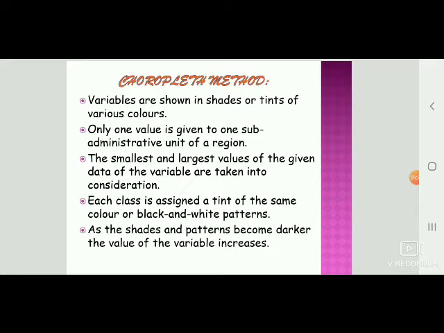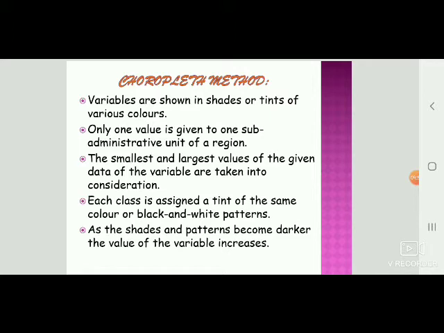In this method, only one value is given to one sub-administrative unit in a region. The smallest and the largest value of the given data of the variable are taken into consideration. After that, 5 to 7 classes are made.